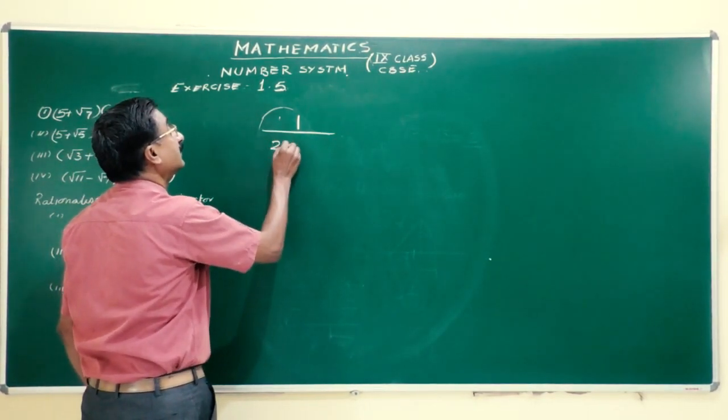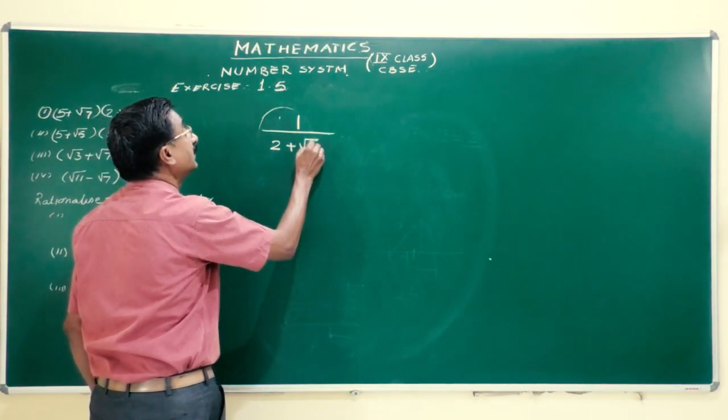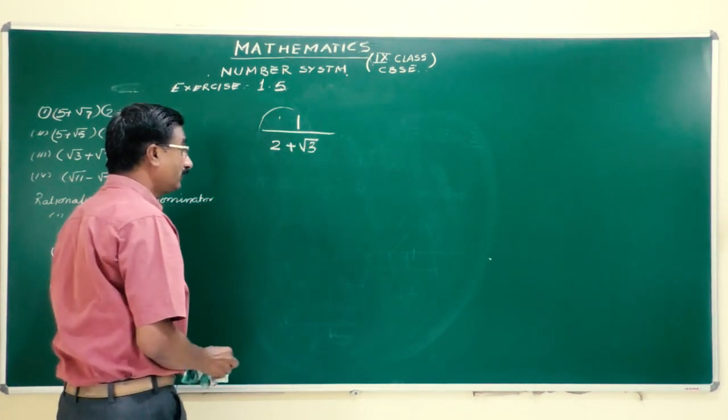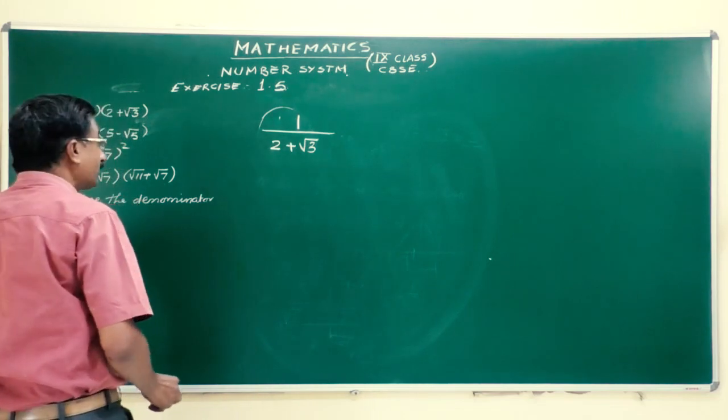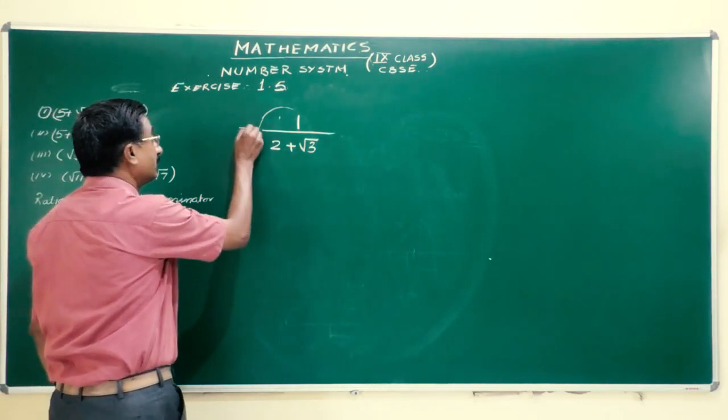something different, that is 1 upon 2 plus root 3. We have to rationalize this number.